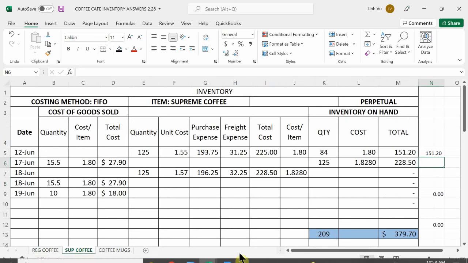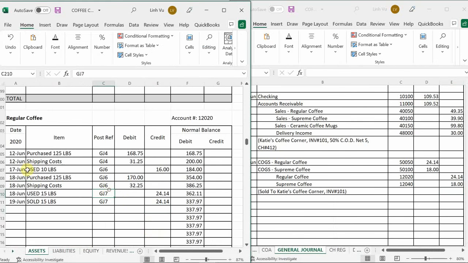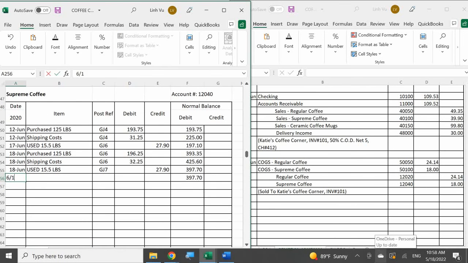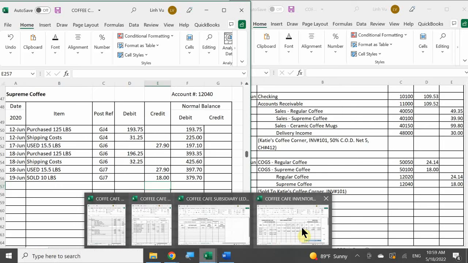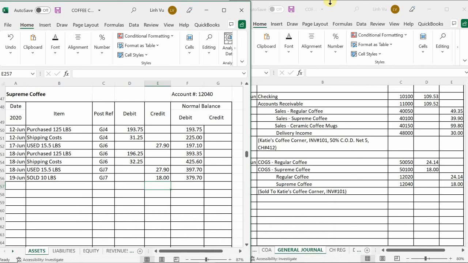And then let's update that Supreme coffee real quick. Right? Because we sold 10 pounds for $18. So therefore, you should have 379.70. And that does match my inventory worksheet on here, 379.70. So therefore, we did our calculations correct.